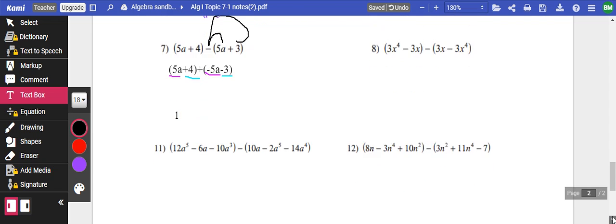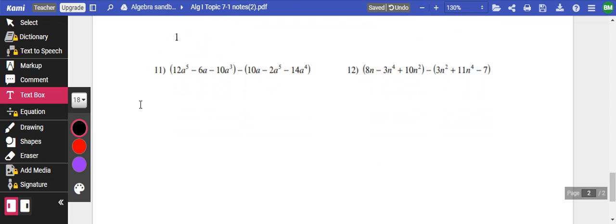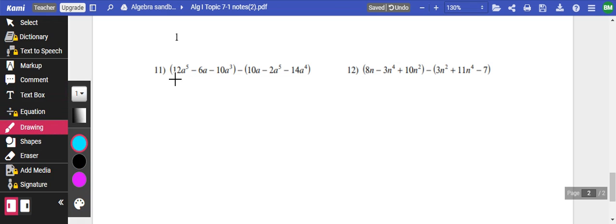Okay, we're going to do one more and we'll call this done. Sorry that this one's a little bit long. So I am going to do this one like I did the first one. You could distribute that negative if you wanted. That's totally fine. I'm going to go through and just say, okay, 12a to the 5th goes with 2a to the 5th.